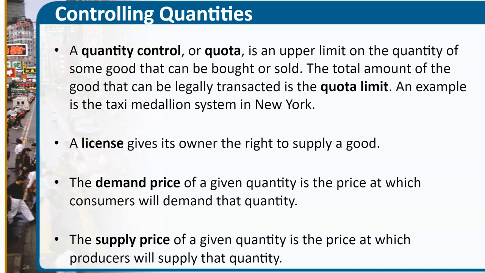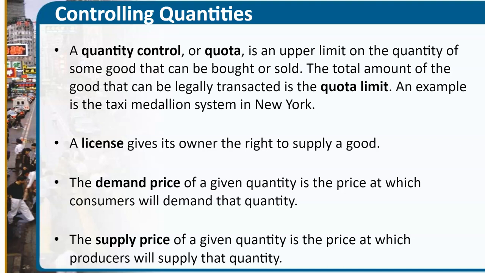These licenses are sold to owners. They can then lease them out or rent them out or put them on a car and put somebody in them and start taking cab fares. But the idea there is they're limited in supply in order to try and control the number of people on the streets, keep taxicabs to a minimum, and then also try to provide a living wage for the people that are actually owning those particular licenses.